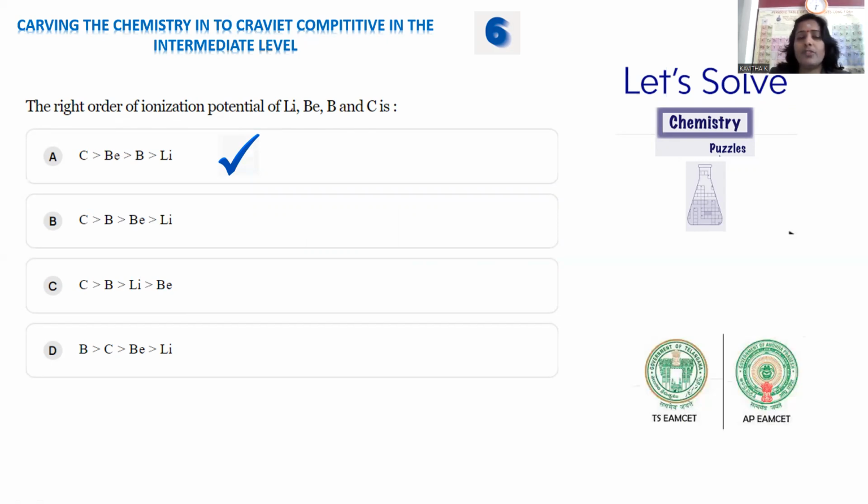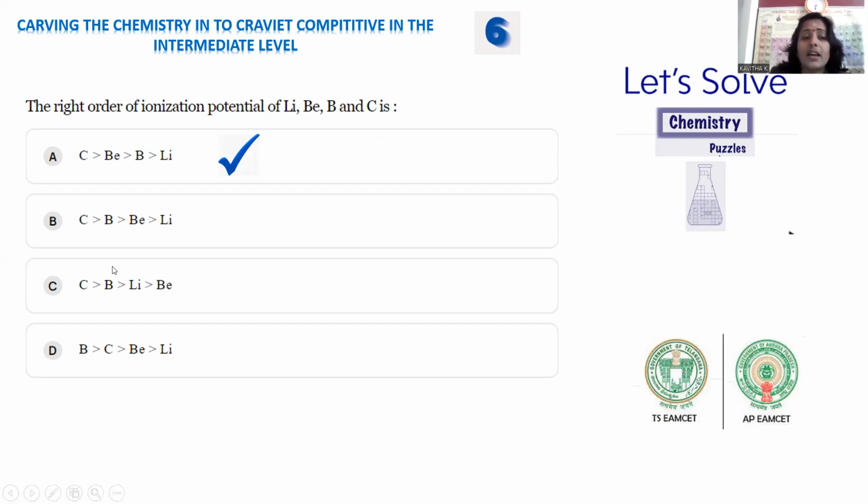If you move from left to right, the ionization potential values gradually increase, because left to right in the period, the size of the atom gradually decreases. That's the reason why ionization potential values increase, because the smaller the size, the greater the ionization potential.